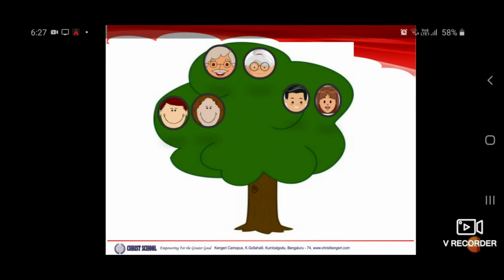Well, you all can see a tree here. Am I right? The very first members who come in this tree will be your grandparents. Why? Because they are the oldest members of the family and hence come in the topmost part of the tree. Then come your parents along with your uncle and aunt.